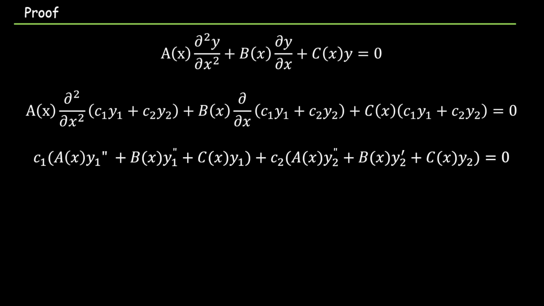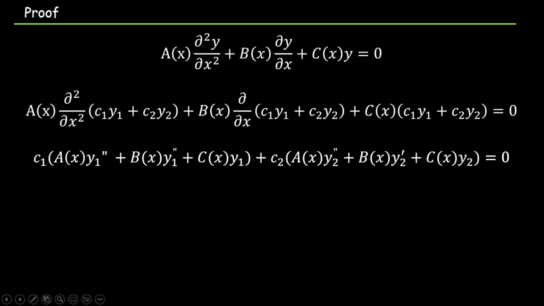When we separate them and group them into c1 and c2 and then factor out the c1 and c2, we see that we have c1 times the differential equation that's similar to the very top one over here. It's just y1, and the other side will be c2 with the y2 shown here.